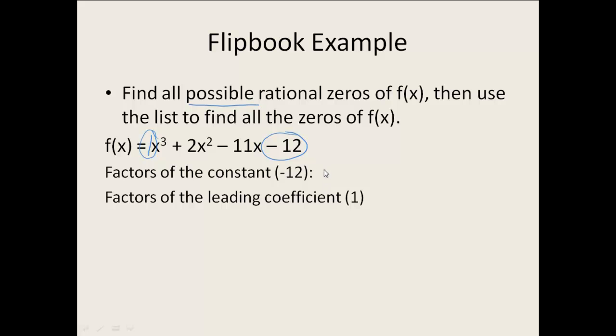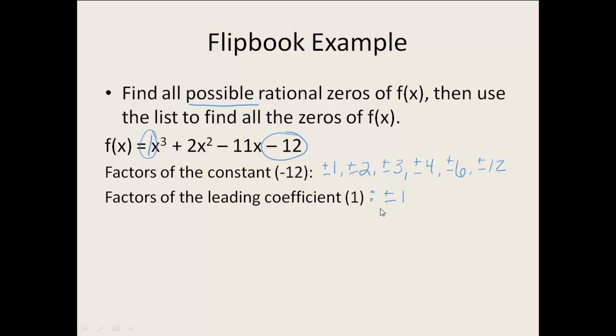Well, factors of -12: I could have positive or -1, positive -2, positive and -3, positive and -4, positive -6, and positive and -12. The nice thing, my factors of my leading coefficient of 1 are only positive and -1.